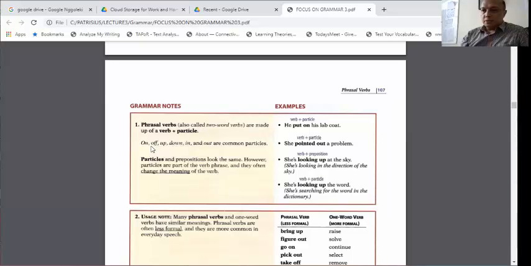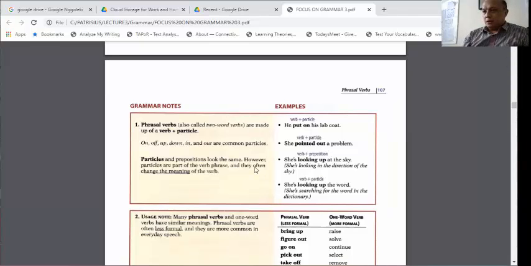Particles are words like on, off, up, down, in, and out. For example, you have he put on his lab coat. Put is a verb, on is a particle. She pointed out the problem. Pointed is a verb, out is a particle.